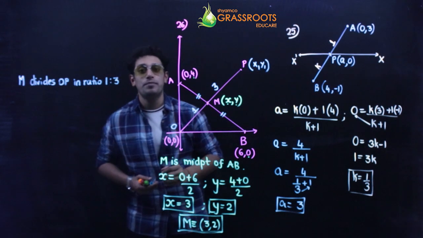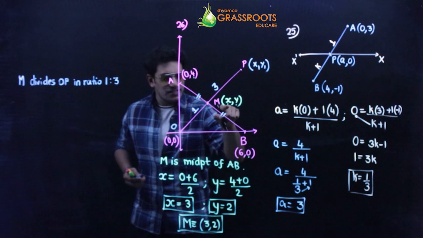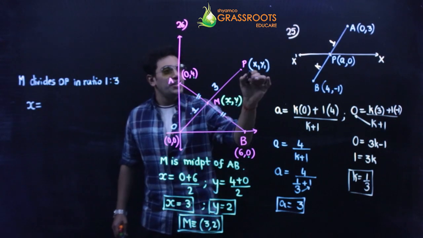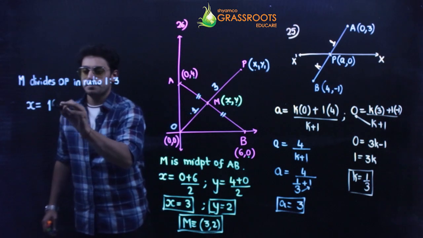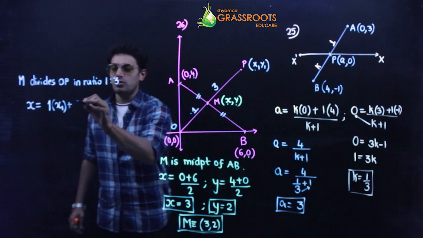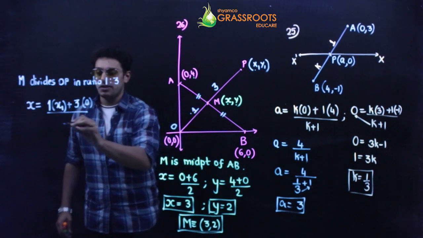Can I use the section formula? Yes, internal division. So I'll start this way. x is equal to, go crisscross, 1 into x1 plus 3 into 0 upon 1 plus 3.